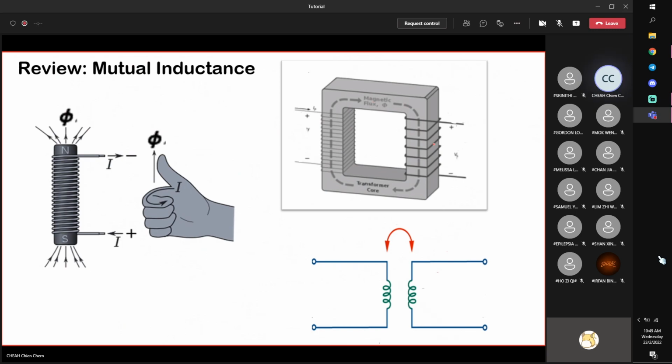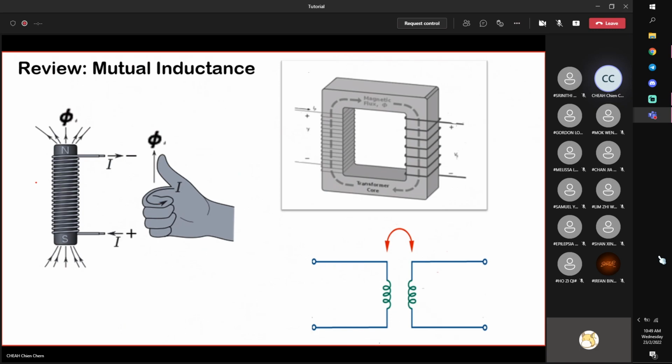This is also called magnetically coupled circuits. They are not directly connected together. You can see this wire is not connected to this wire, but they are coupled through the magnetic flux over here. So the circuit symbol is something like that. There are no connections, but there is a coupling between them.